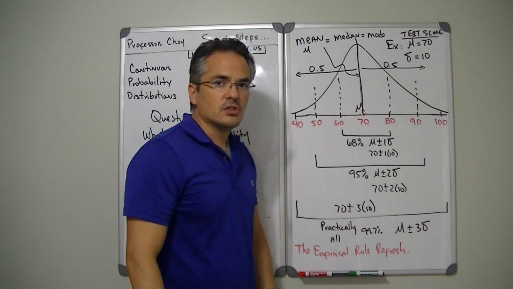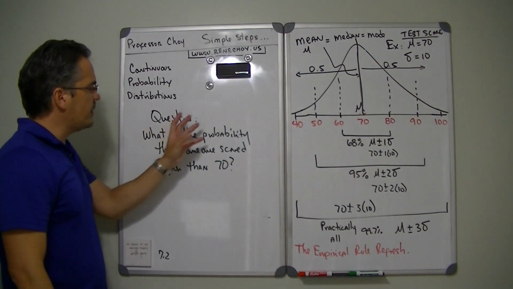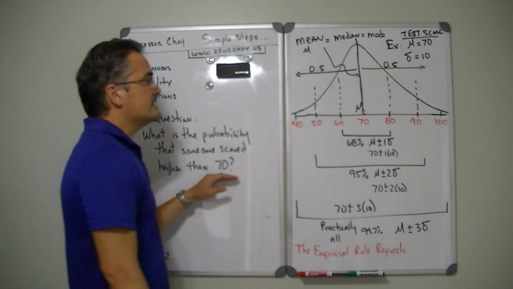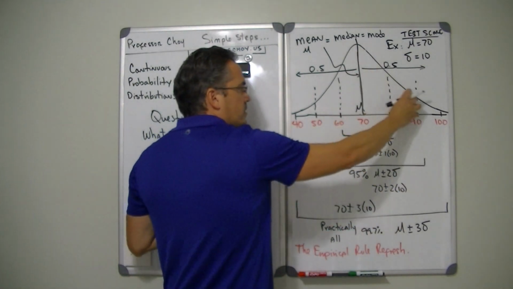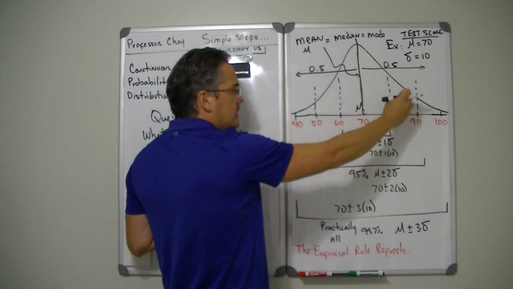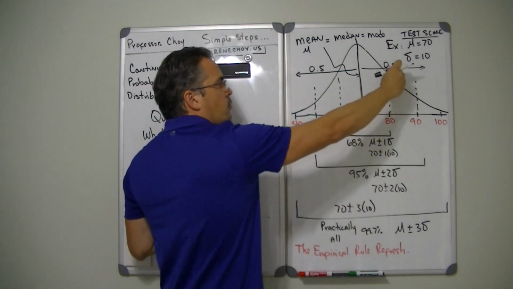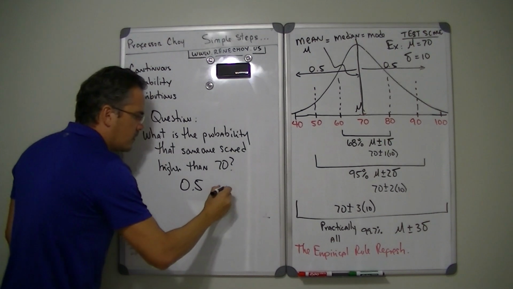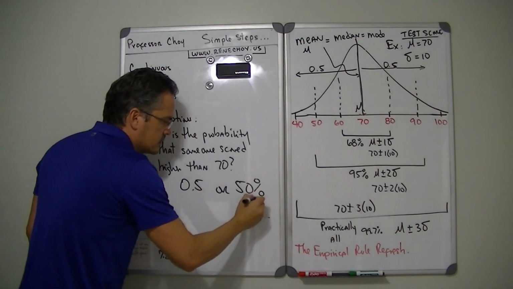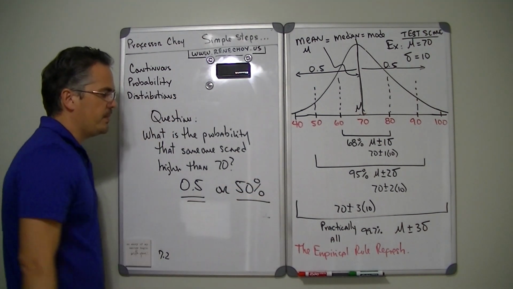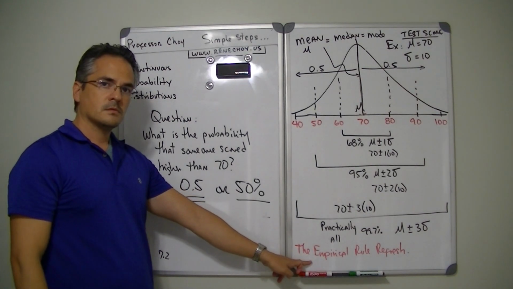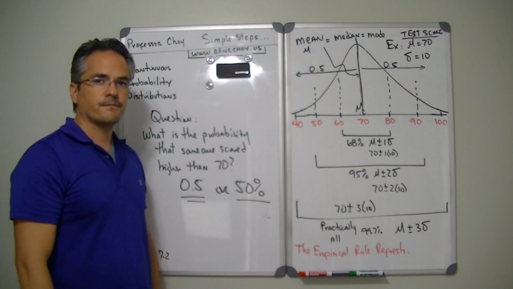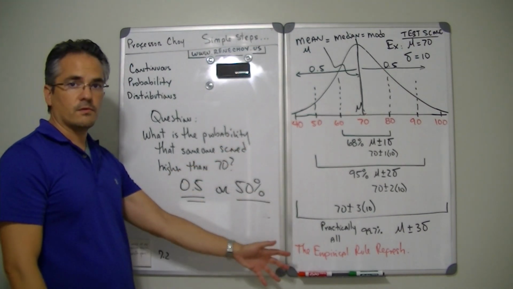If they're asking for the probability that someone scored more than 70, they're asking for the area under the curve higher than 70, because 70 is the mean. We know that the answer is going to be 0.5 or 50% because of the empirical rule. So we can tell immediately that the answer is half the students.